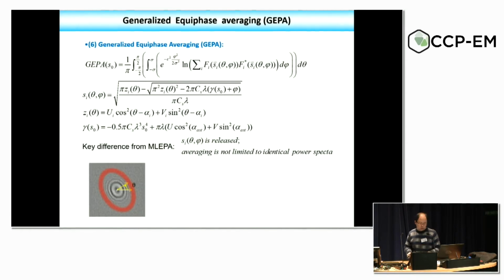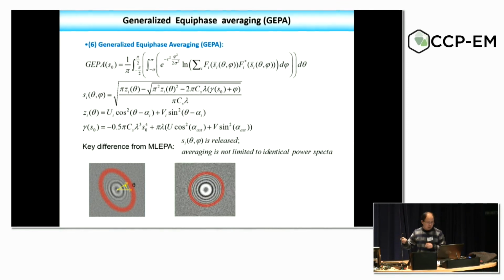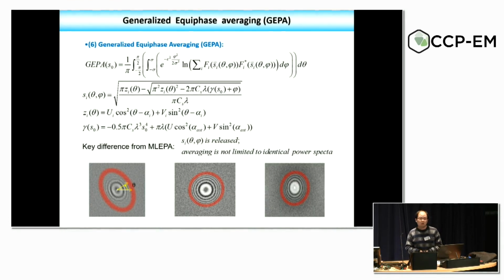But actually, you can average different power spectra using equal phase averaging by releasing the frequency. And then you can average this and this all together to get more information.